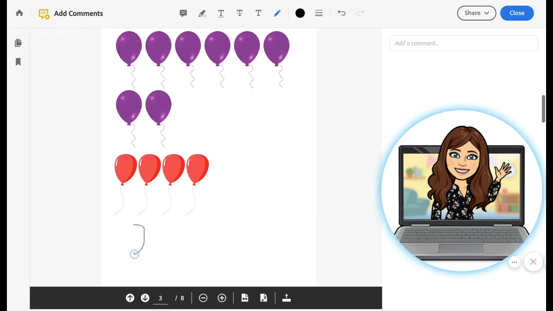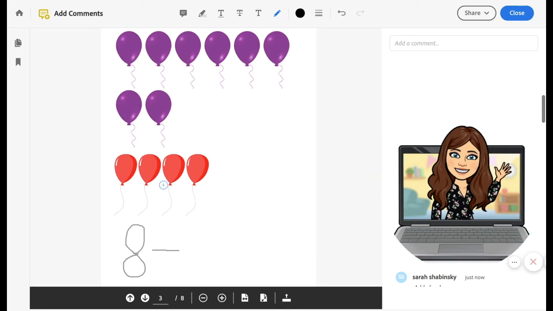So I'm going to write 8 down here to start our number sentence. Then we are going to add the minus sign, because minus is the same thing as separating, friends. How many red balloons are there for our second number? That's right, Cubs. There are 4. So we know 8 minus 4 is equal to what?